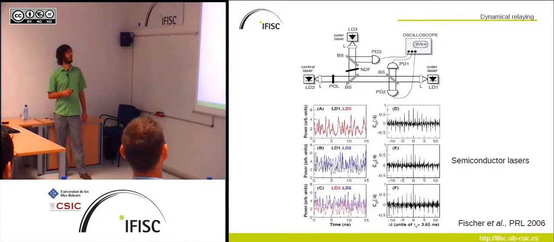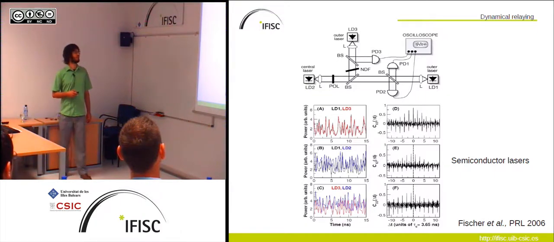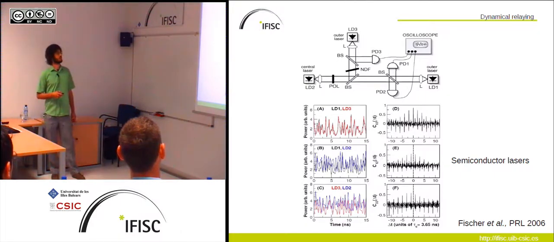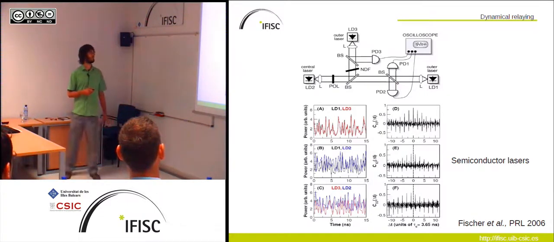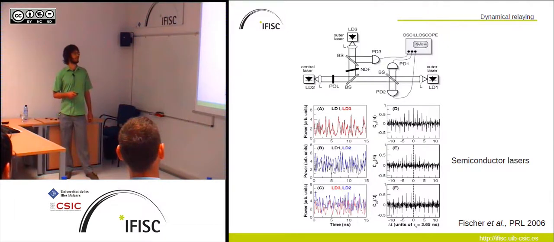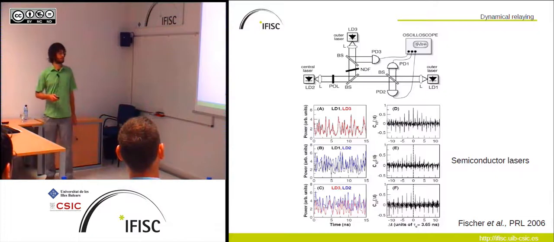The outer nodes are nodes 1 and 3, and this is the central relay element. Nodes 1 and 2, and 2 and 3 synchronize with a certain delay, and nodes 1 and 3 synchronize in phase, with the maximum of the cross correlation at zero lag.